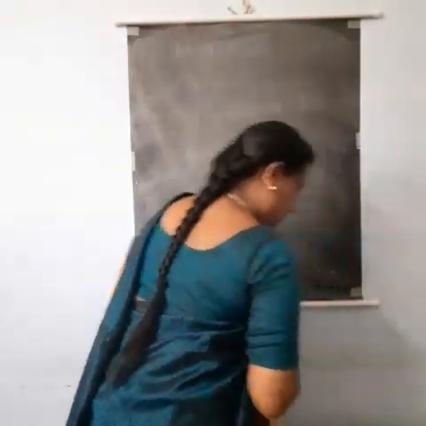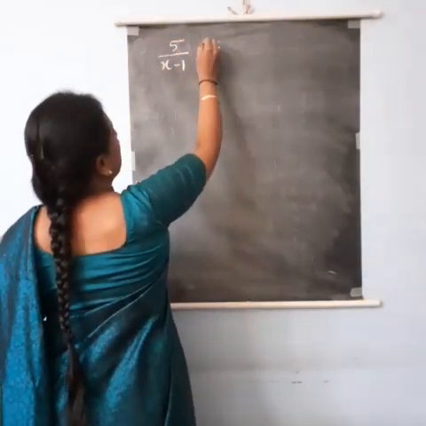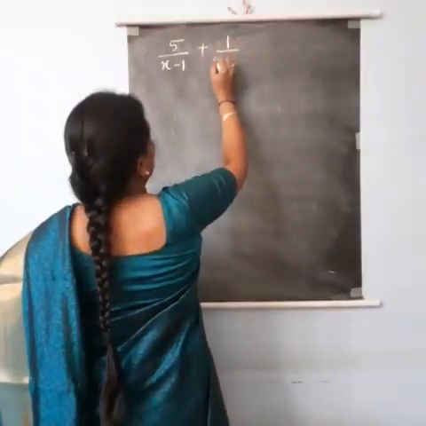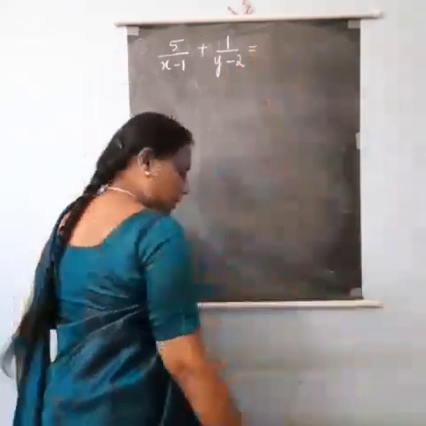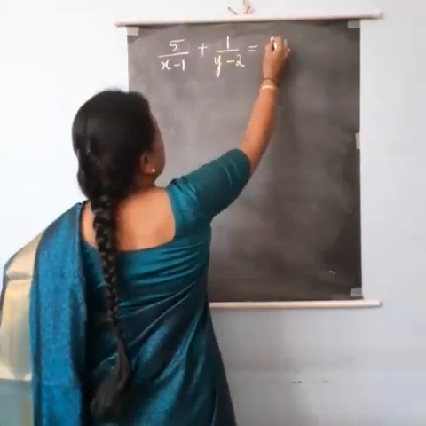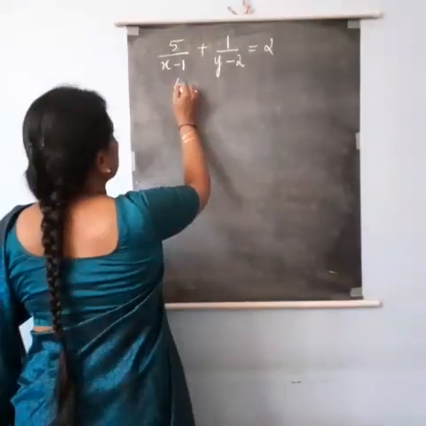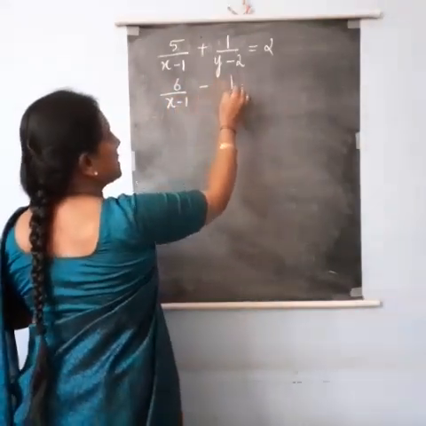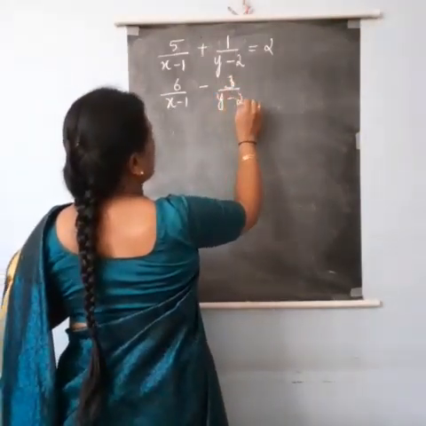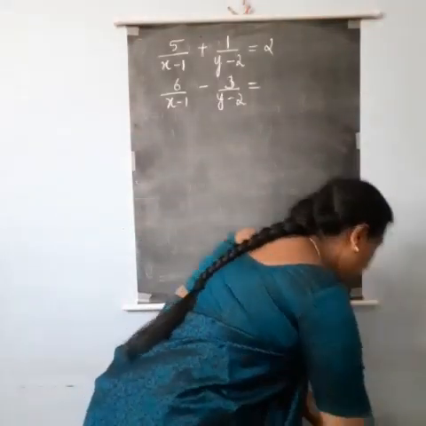Supposing I have a sum like this: 5 by x minus 1 plus 1 by y minus 2 equal to 2, and 6 by x minus 1 minus 3 by y minus 2 equal to 1.